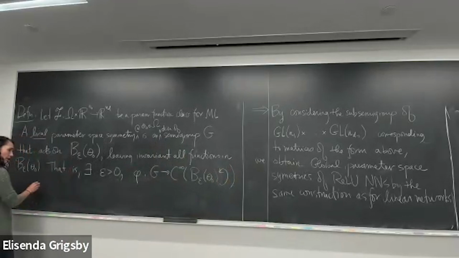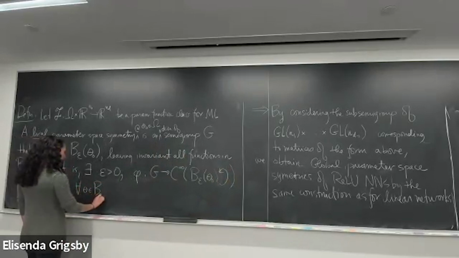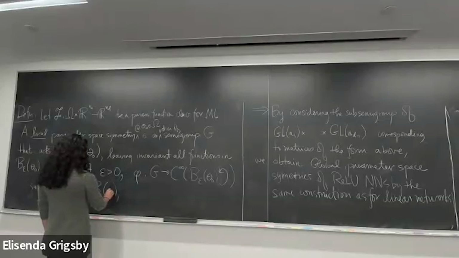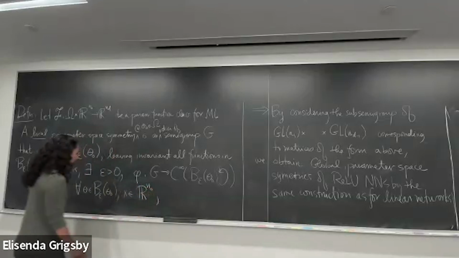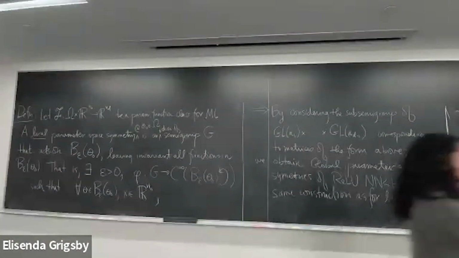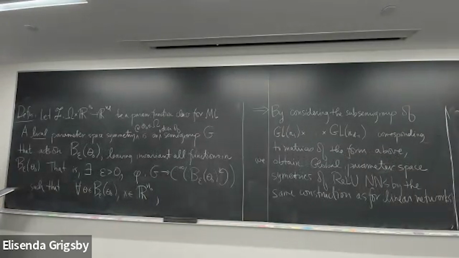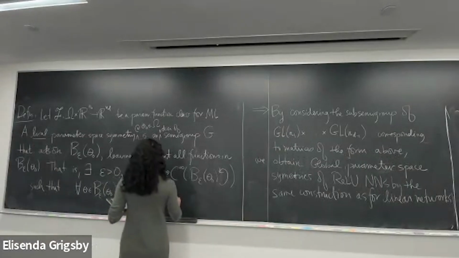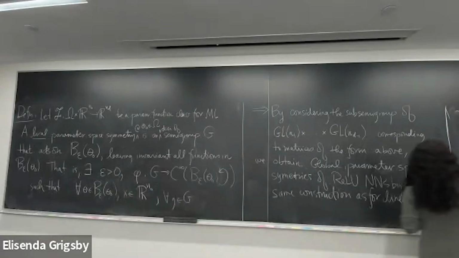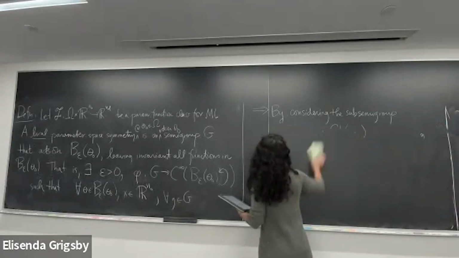So this is a representation, and then for all theta in the epsilon ball, for all X in your input space, and for all g in G, you want the function to be invariant.